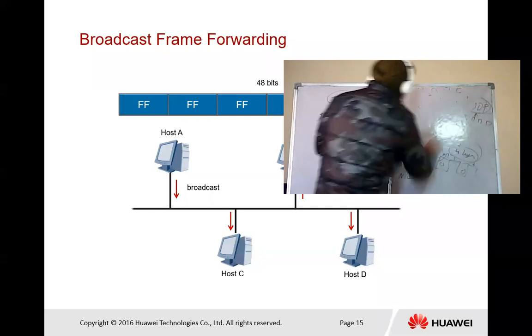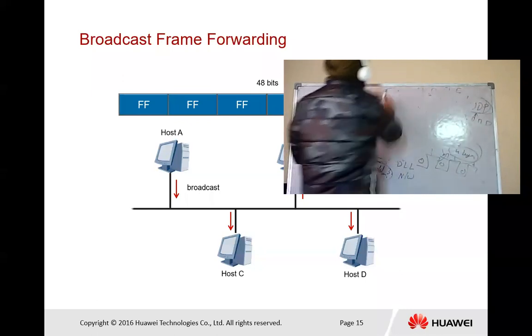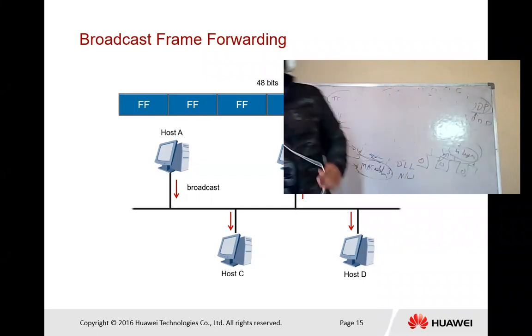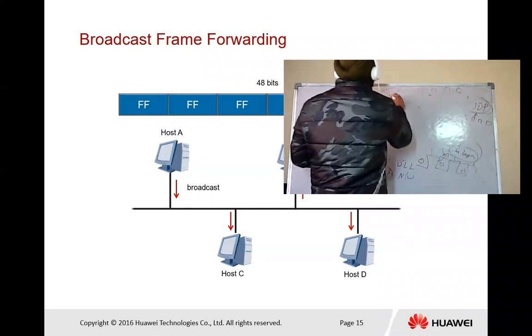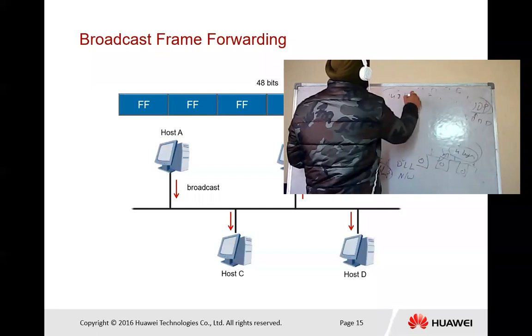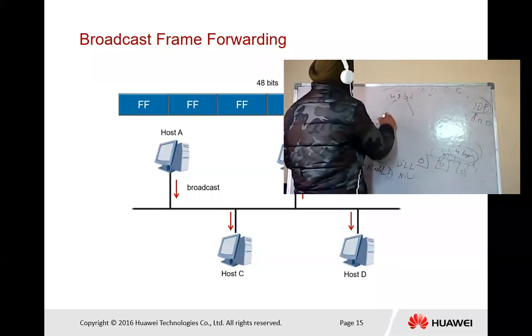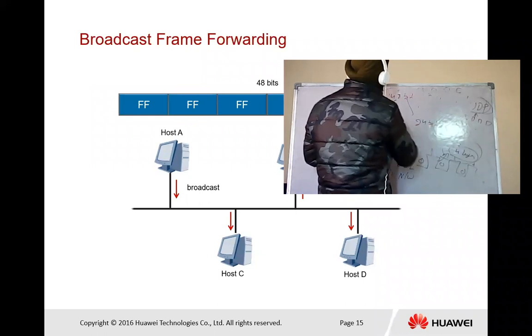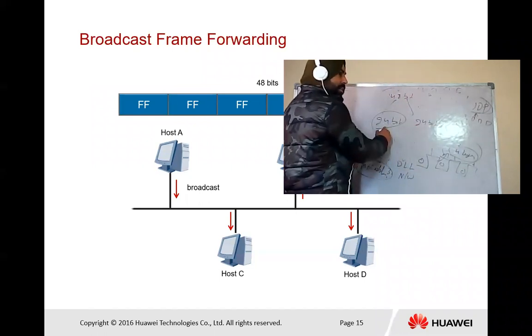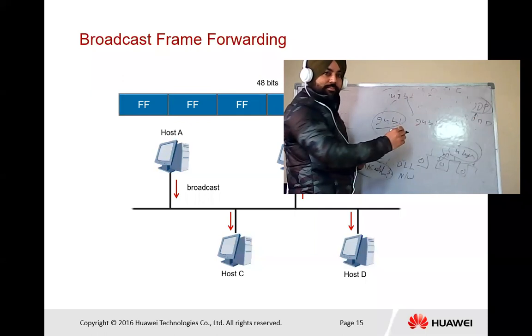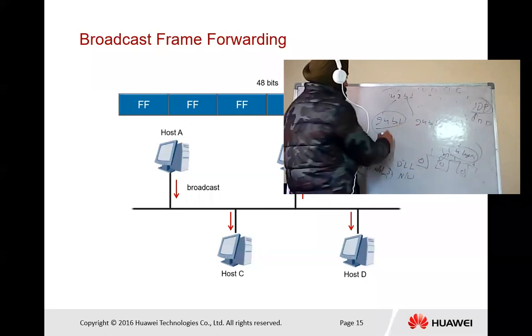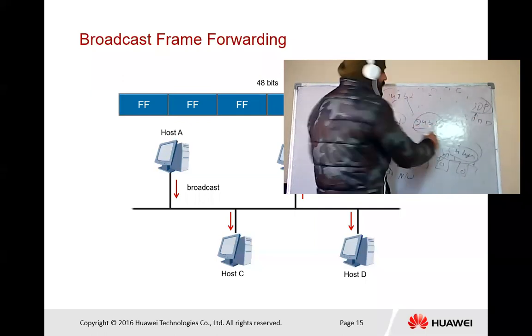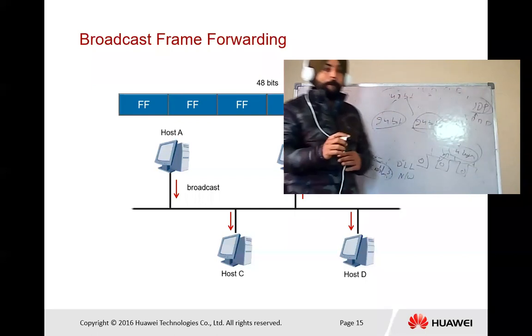The 48-bit address is divided into two categories: 24-bit and 24-bit. The first 24-bit can be the organization, and the second 24 is the address of your PC.